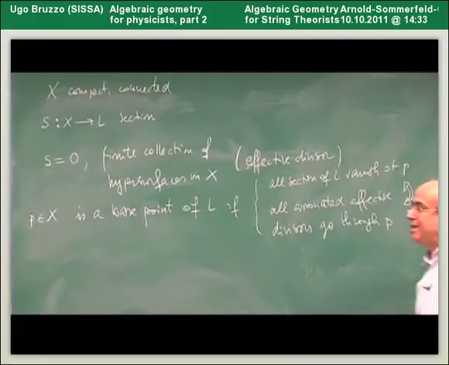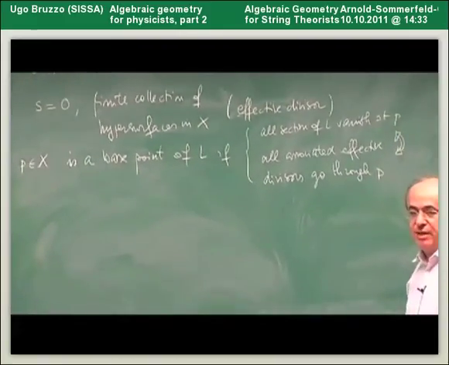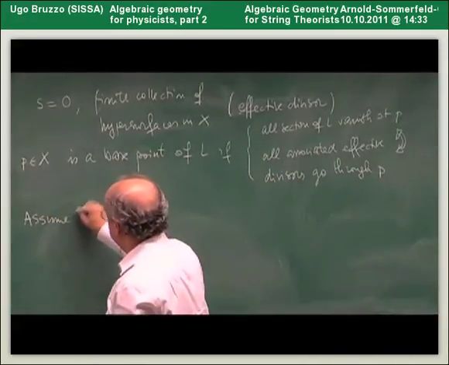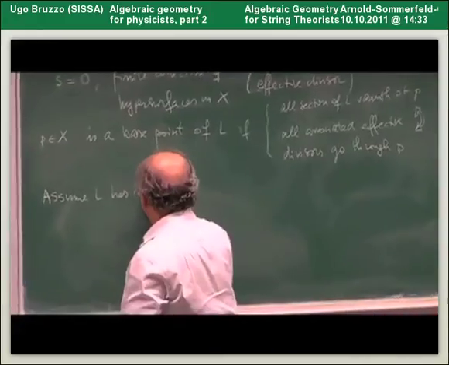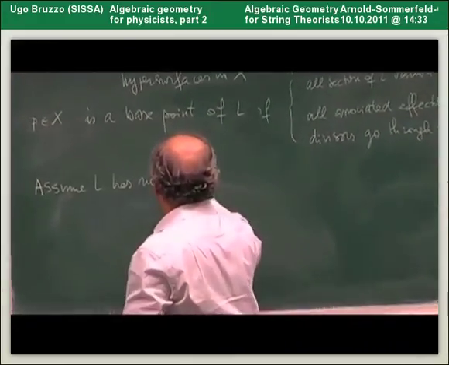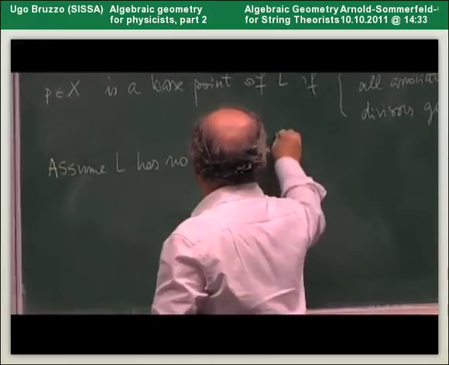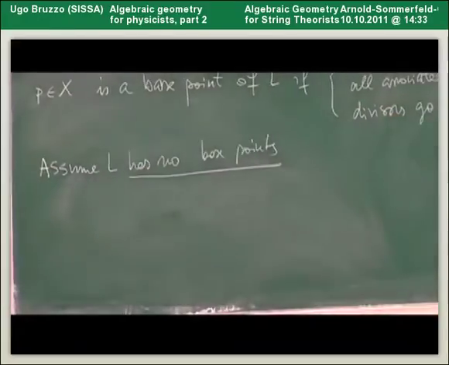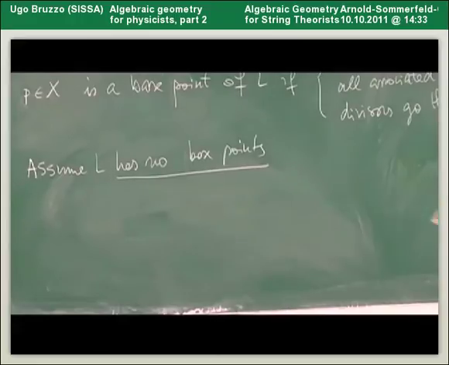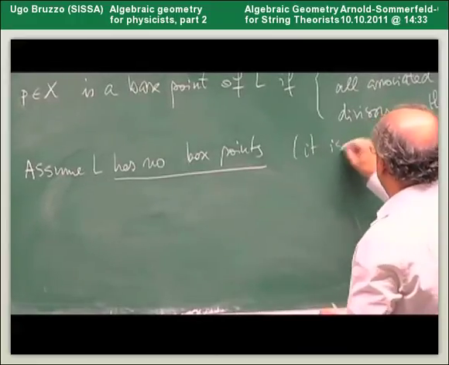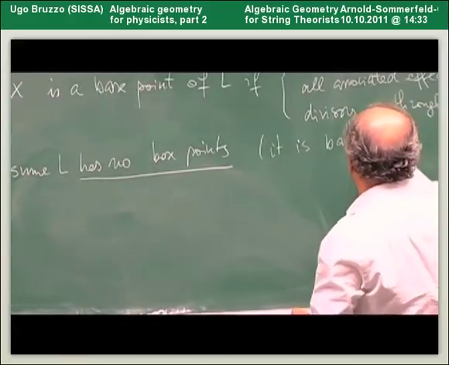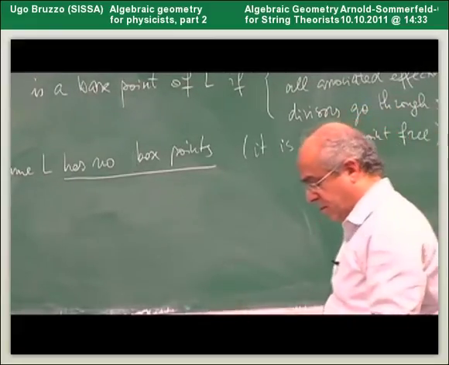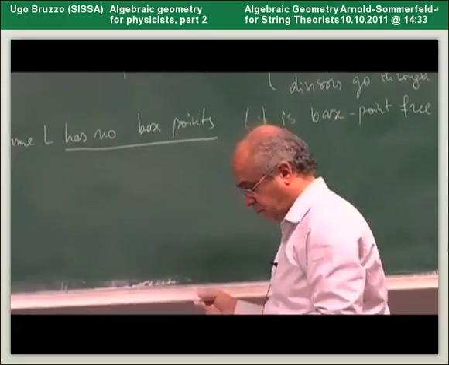And now we assume that L has no such base points. As one says, it is base point free. Then I can do the following. Why am I assuming this?